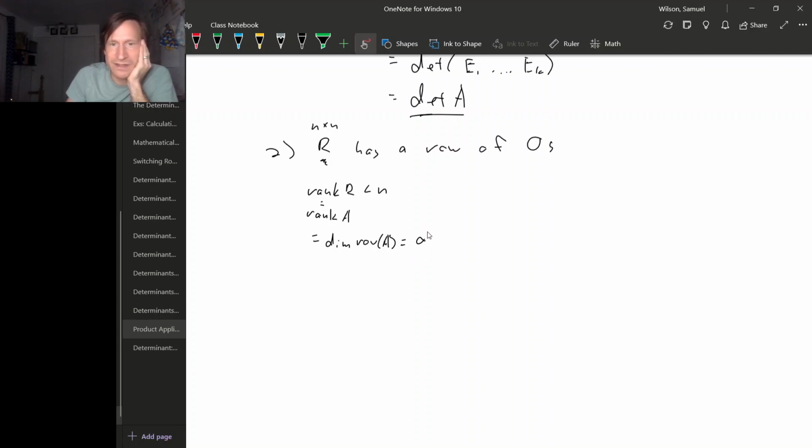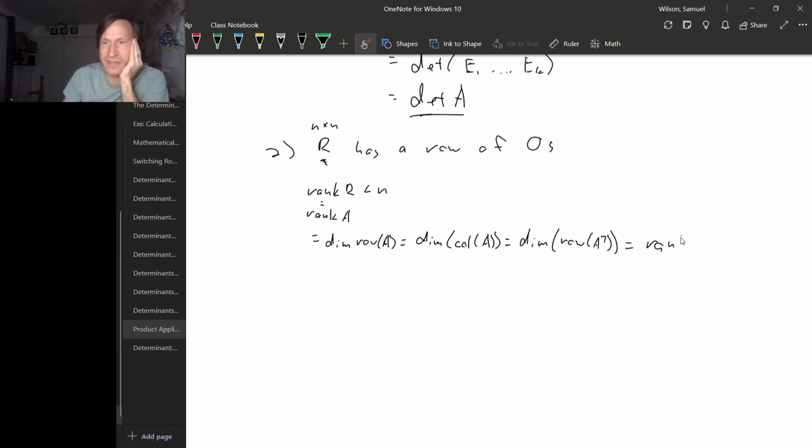But we've seen that the dimension of the row space is the same as the dimension of the column space of A. The column space of A is the span of the columns, but that's the same as the span of the rows of A transpose, because the rows of A transpose are the columns of A. And the dimension of the row space of A transpose is the rank of A transpose.